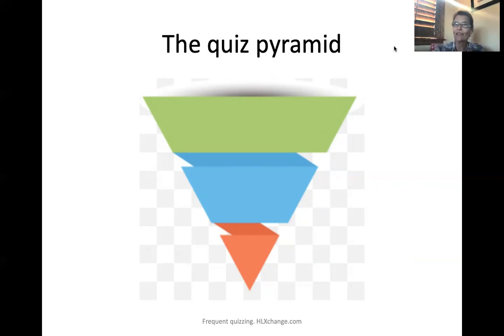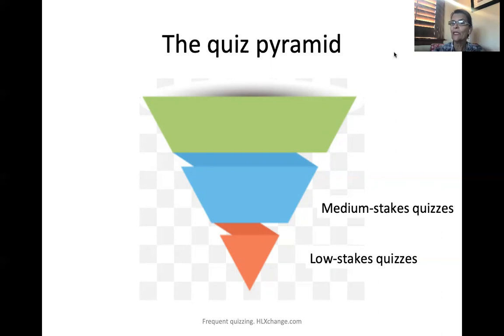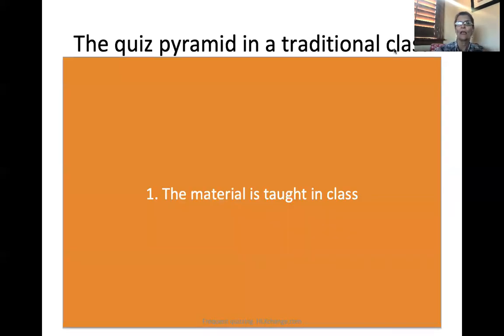Adapting that concept to the HL classroom, we might conceive of starting out with low stakes quizzes, following that up with medium stakes quizzes, and ending up with high stakes quizzes or exams, right?